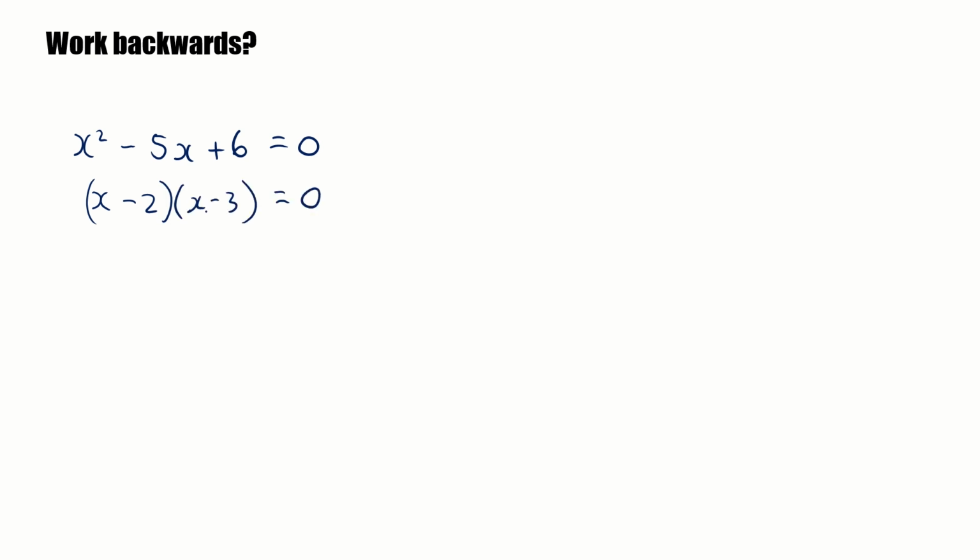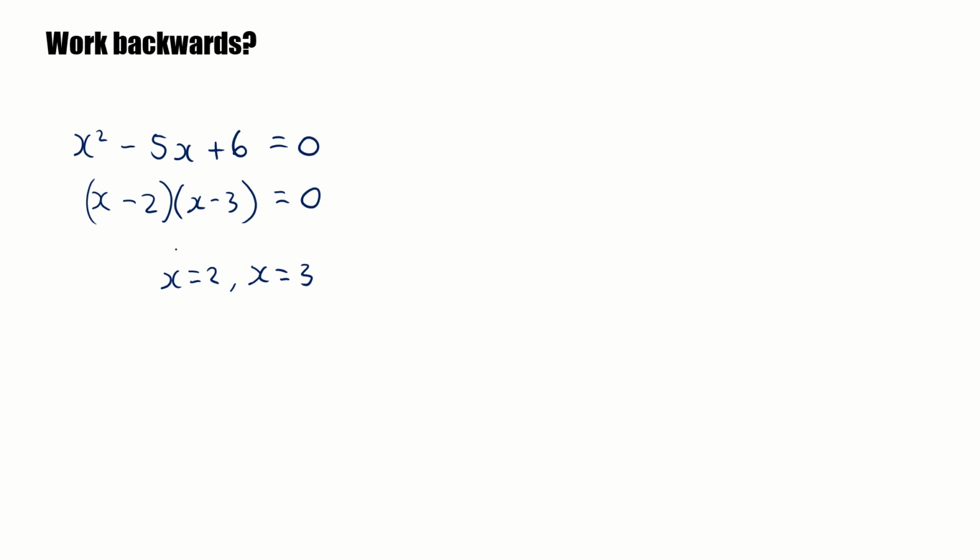But the solutions you get from solving this quadratic are x equals 2, x equals 3. Now, because you don't have to use factorizing to solve a quadratic, there are other methods, and also because there are calculators that can solve quadratics for you, some students sometimes try to start using the solutions to a quadratic equation to be able to work backwards to find what the factors are.